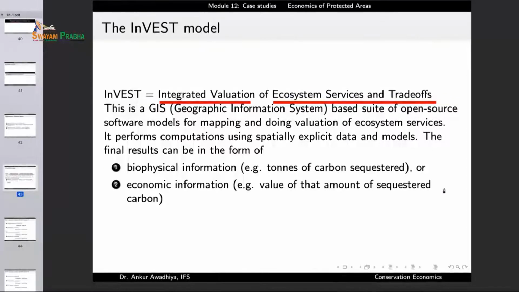Trade-off in terms of, say, if you have 100 rupees, if you spend these 100 rupees into the functioning of a protected area, do you get, say, 105 rupees out of it, or do you lose 5 rupees and you only get 95 rupees in return? So that is a trade-off.